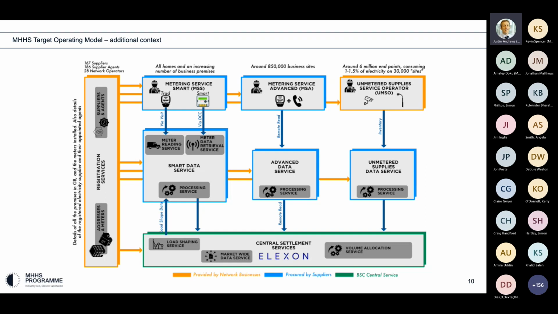And we have the ability, as we do today, to apply different weights, or in effect different amounts of GSP group correction, to those different consumption component classes. The fundamental principle with GSP group correction is that you're trying to allocate that difference in energy depending on the amount of error within that consumption component class, or within that group of types of metering systems.